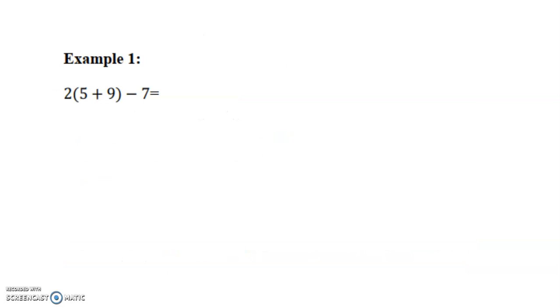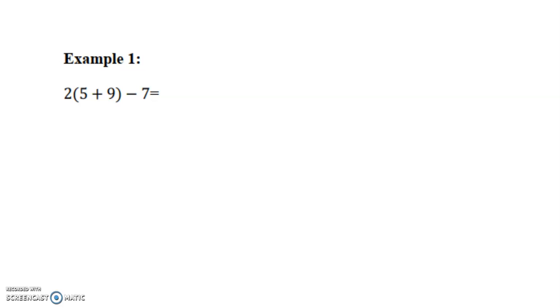Let's take a look at a couple example problems to get comfortable with the order in which we have to do things. So here we have 2 and it's sitting really close to this bracket. That means 2 is going to be multiplied to the result of what's inside that bracket. And then inside the bracket we have 5 plus 9, and then we have minus 7.